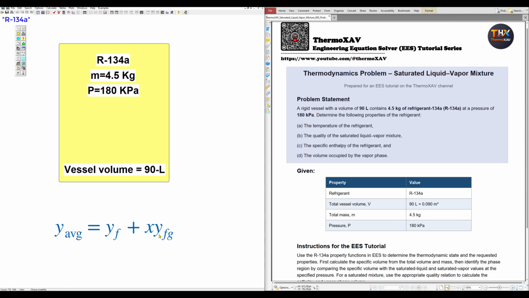So we can use this formula here. I will call this H underscore F plus X, which is this value, multiplied by H underscore G minus H underscore F, and this is the HFG actually. So now I can calculate this H1 based on the formula and solve.